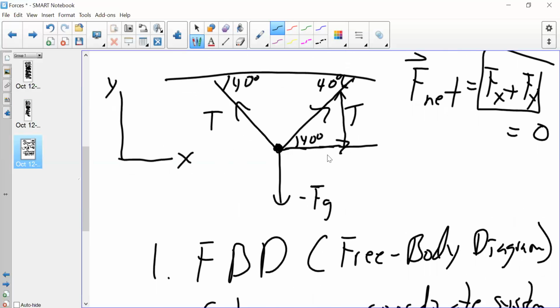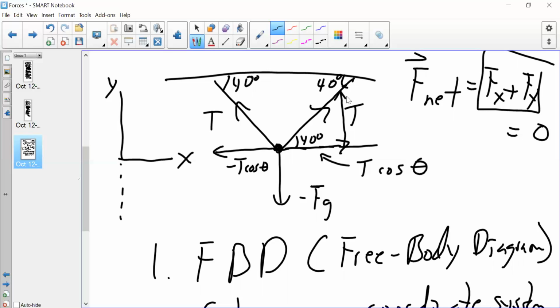And this part is going to be positive T cosine theta because it's along the positive x-axis. This part of the T is going to be negative T cosine theta. This is on the negative x-axis. And this Fg is negative because it's on the negative y-axis.